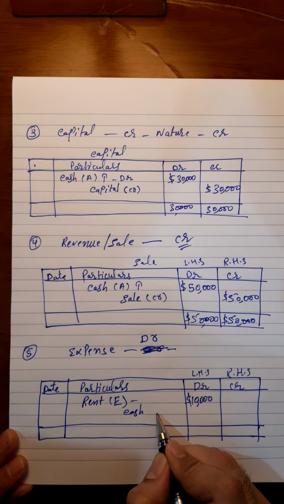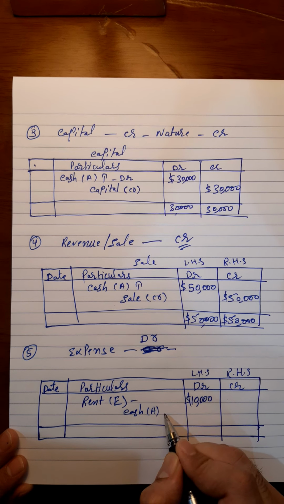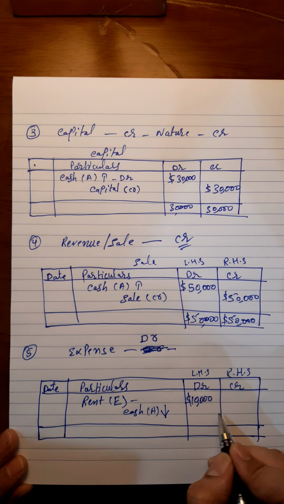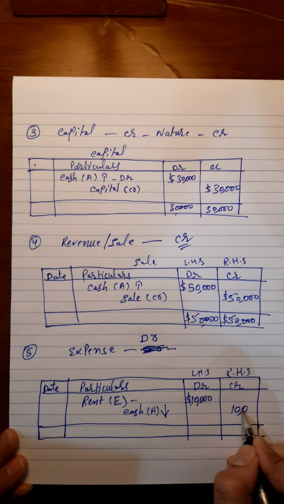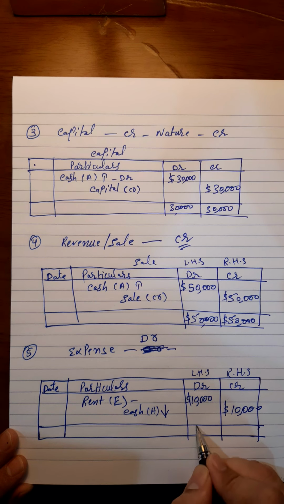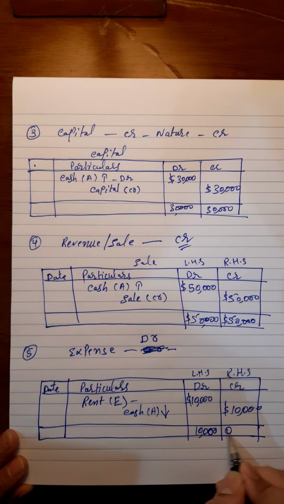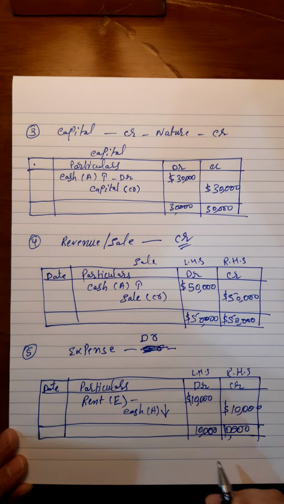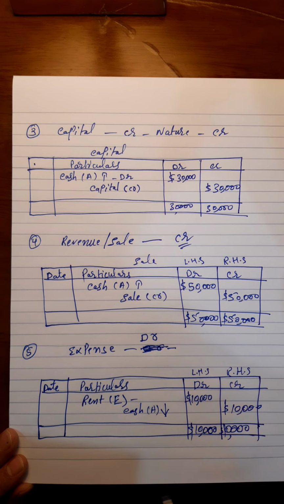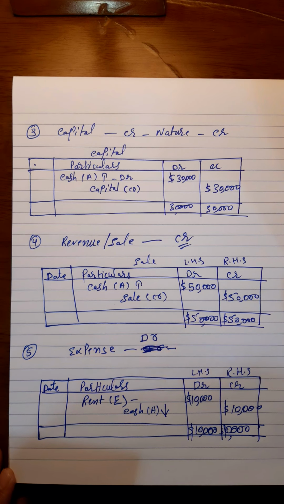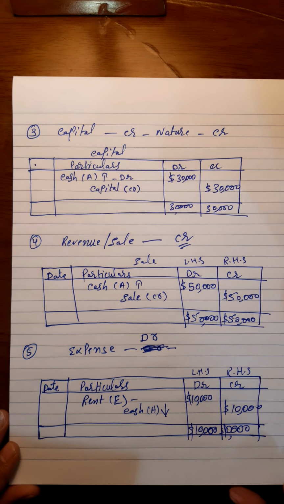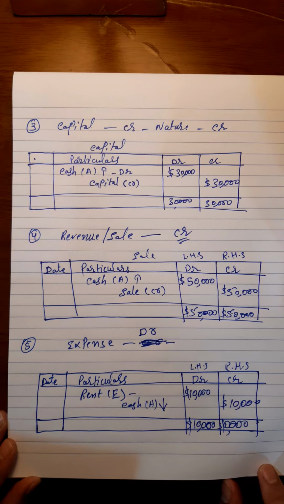Cash is our asset. Cash is decreasing. Cash will be credit $10,000. Friends, these are the debit credit rules.